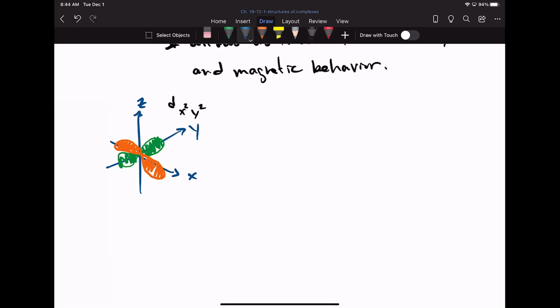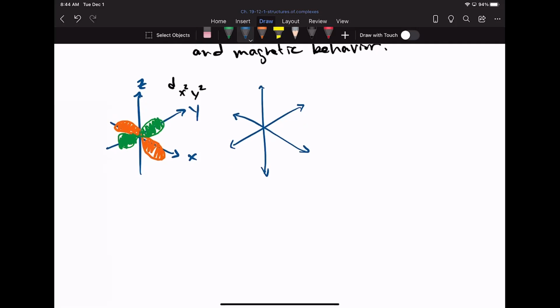But these orbitals can definitely take a different direction, right? Let's draw this one here. This one's got an odd shape here.